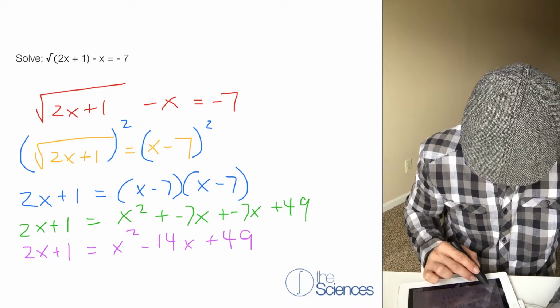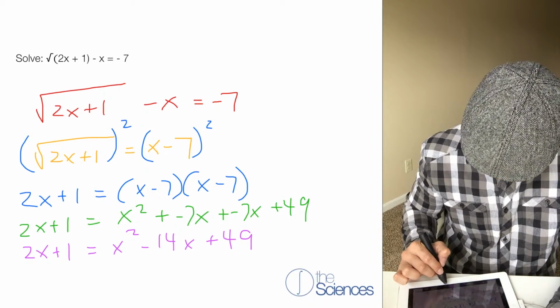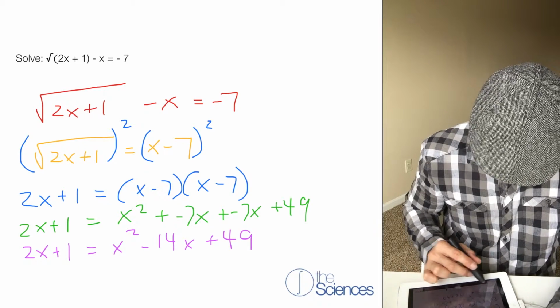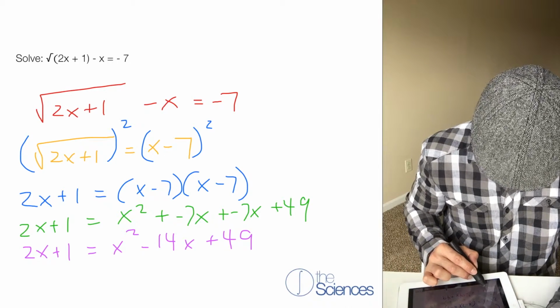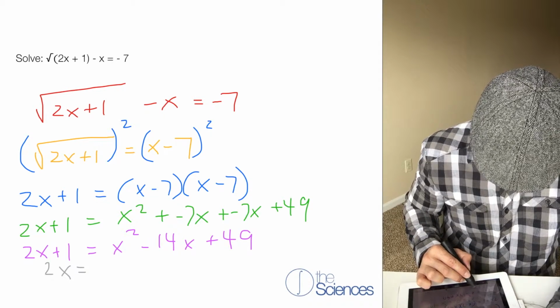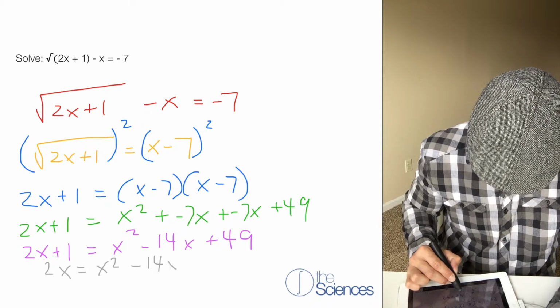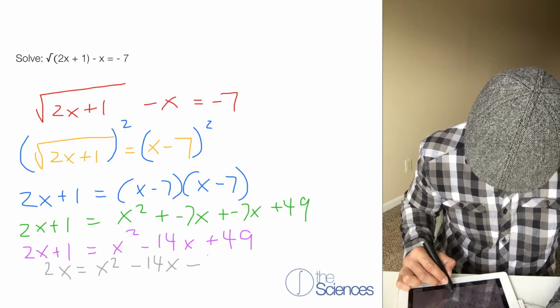So now we're going to isolate that so we can set this equation to 0. If we move 1 to the other side, we get 2x equals x squared minus 14x plus 48.